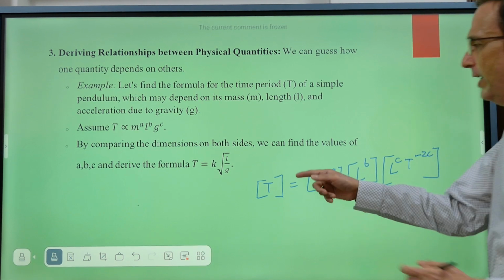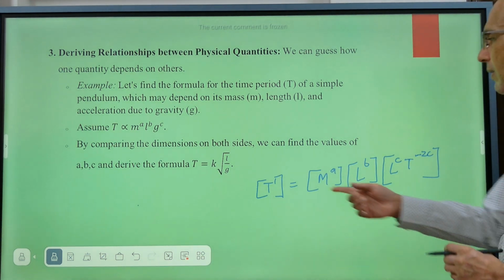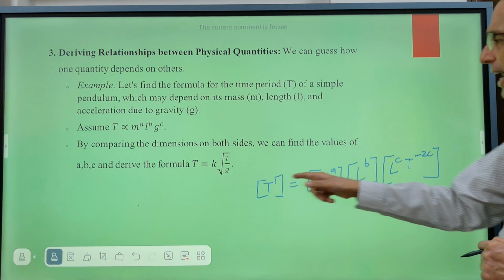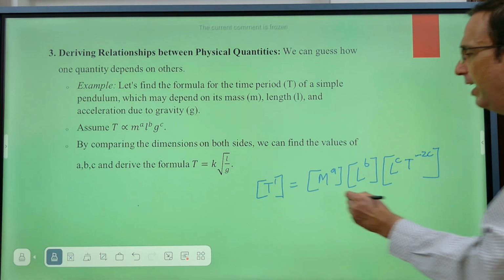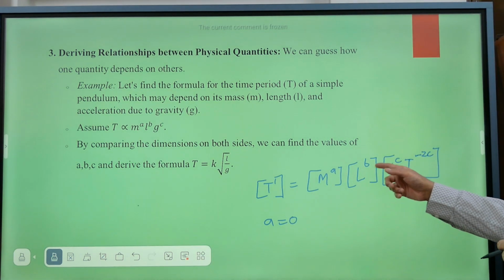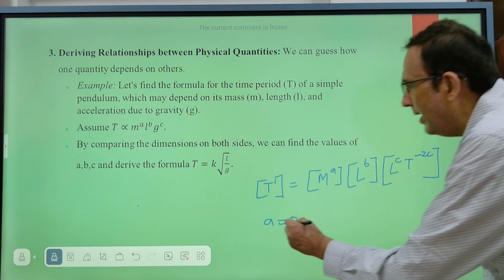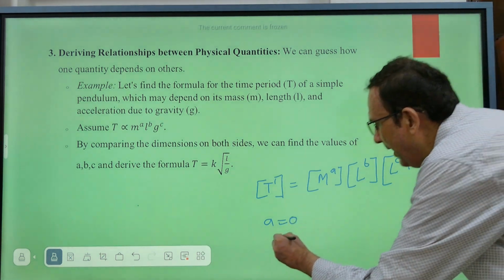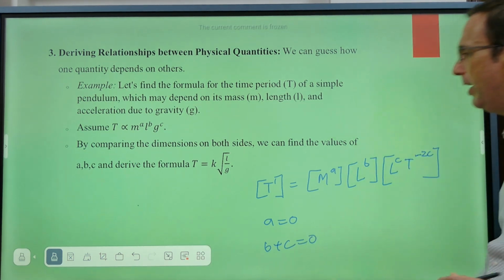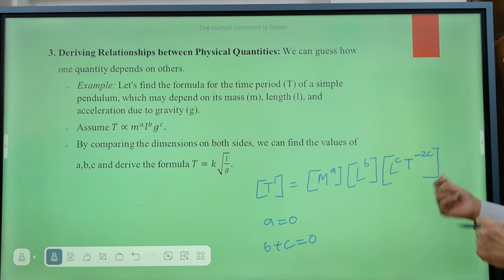Okay, so you see time here on the left hand side is raised to the power 1, and what about the other quantities? M is raised to power a on the right hand side, but there is no M on the left hand side, so a has to be 0. Similarly, L has got two powers, L raised to power b and L raised to power c. So you can say b plus c is equal to 0, because on the left hand side you don't have any L. And what about T?